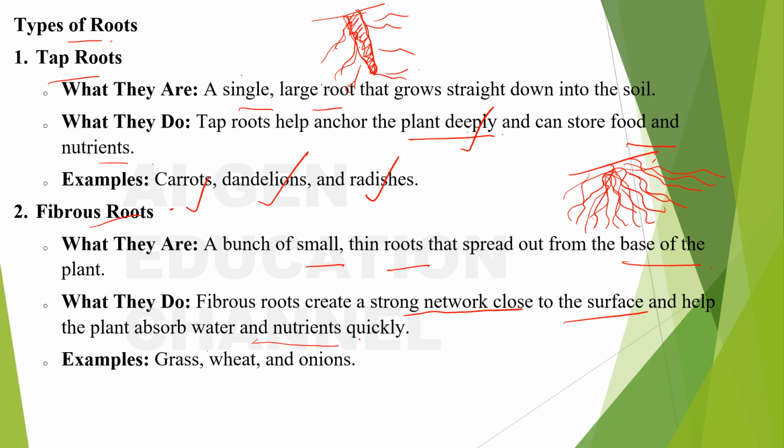See this one, if you take this to be the land, the taproot, what it does, it will reach the ground below, it can reach like this. And how about these? This will reach like this, but it can't go deeper. So this can go deeper and this can go wider, it won't go deeper.